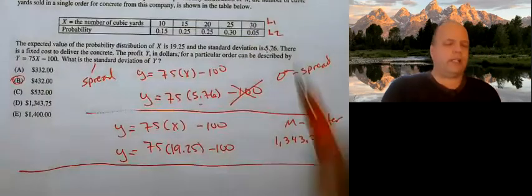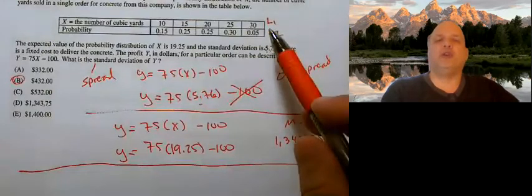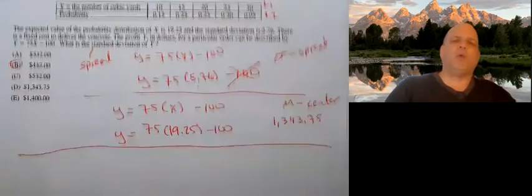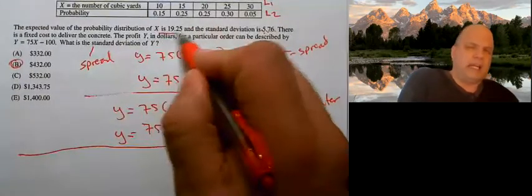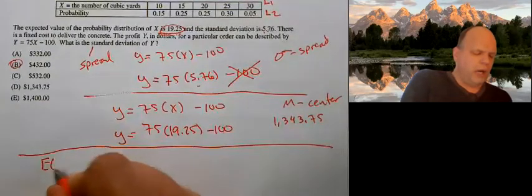Okay, so that's using the calculator. But on an FRQ test, they're going to expect you to show your work. So how would I show my work to calculate the mean? So to calculate the mean, I would just do this.